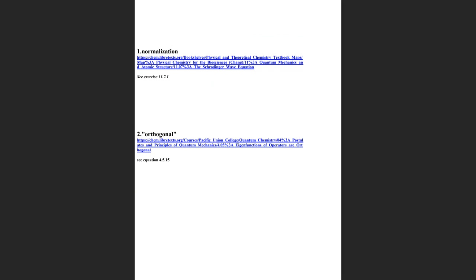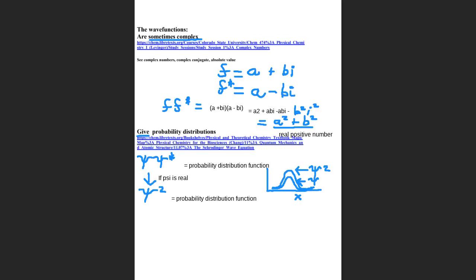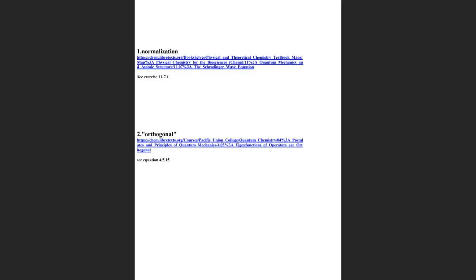Okay, now I'm on the second page, I'm going to talk about normalization now. Because of the way psi is defined, we need to worry about something called normalization.